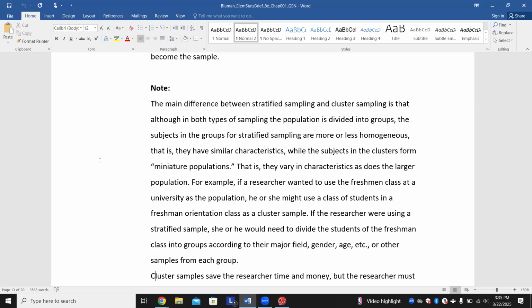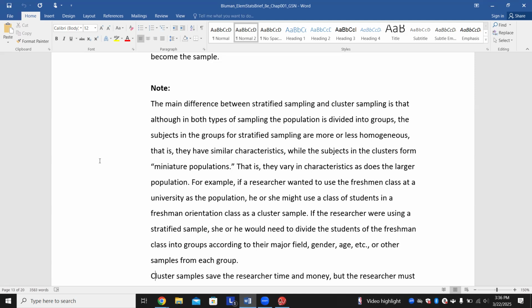If the researcher was using a stratified sample, she or he would need to divide those students of the freshman class into groups according to their major field, gender, age, etc., and take samples from each group. So note too that, let's say we wanted to know how everyone's liking our current president. We could separate these clusters or groups into states.